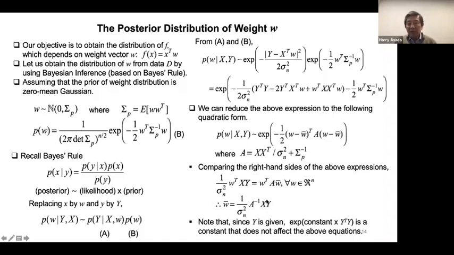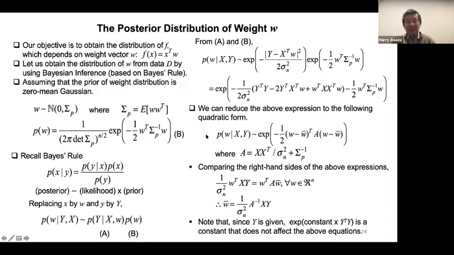So this is the full distribution of the conditional probability of W after you use the training data X, Y. The probability distribution of W is given by this. It's a little bit different from just a standard least squares estimate, but we assume the distribution of W in this way.